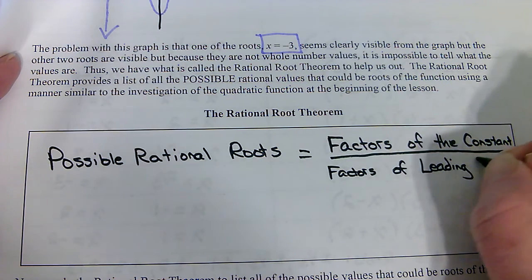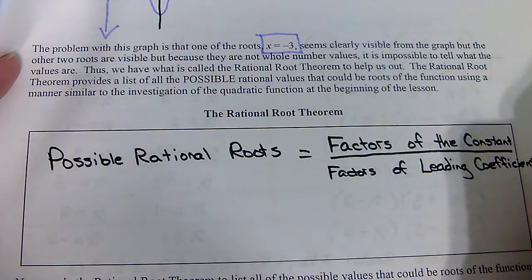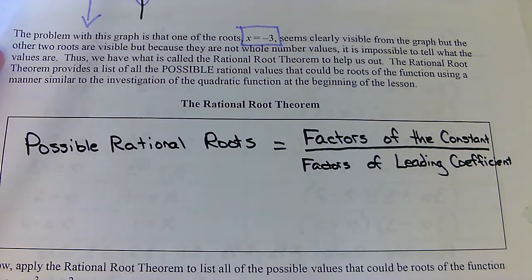Rational just means it could be a fraction. I'm going to leave out the word the. And this is true on any polynomial.